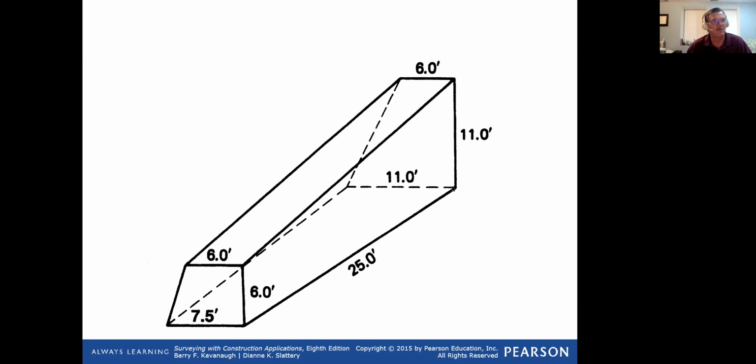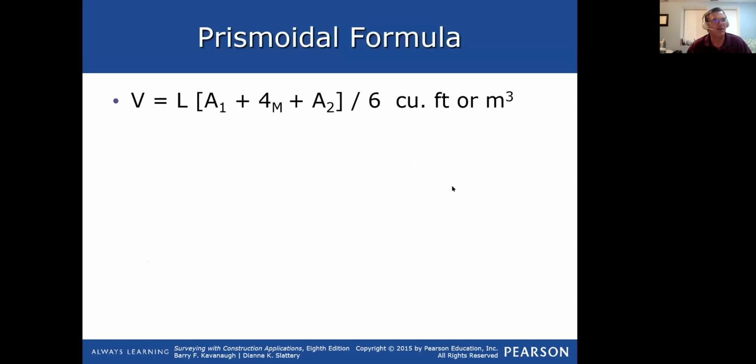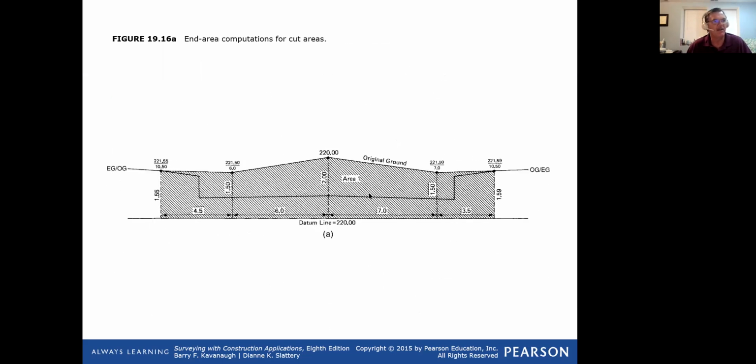I'm not going to worry about anything about a prismoidal formula, but what I want to talk to you about now is more the importance of the final survey in these quantity measurements and how things actually work. The things that we need to do as surveyors would come in, and surveyors do as-built surveys.